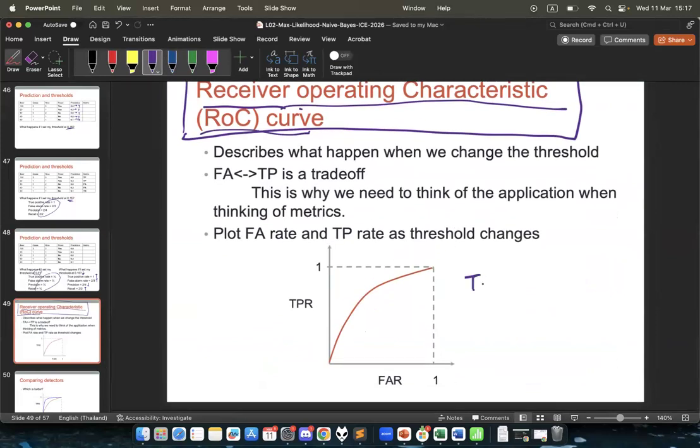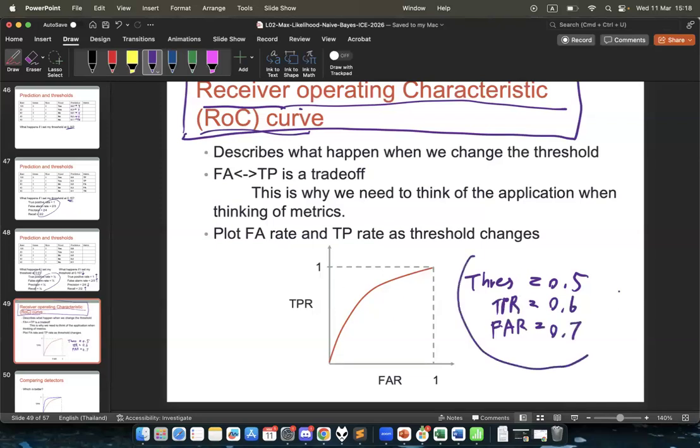Let's say the threshold is 0.5, and you compute the true positive rate and the false alarm rate. Let's say this is 0.6, this is 0.7. So you compute for some threshold and you mark it as one point.